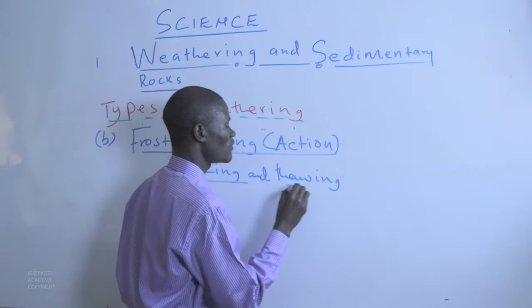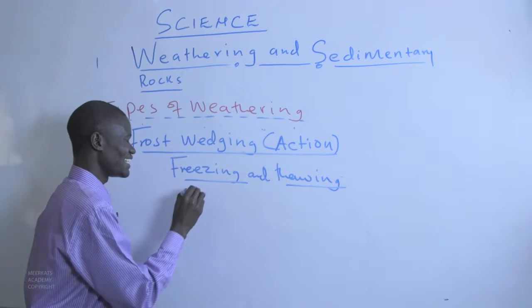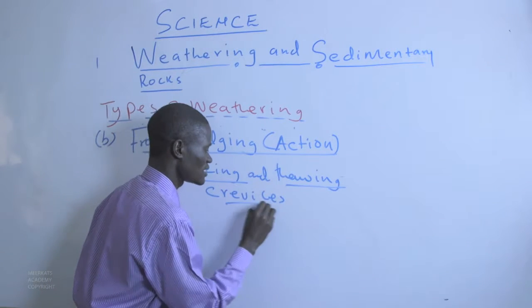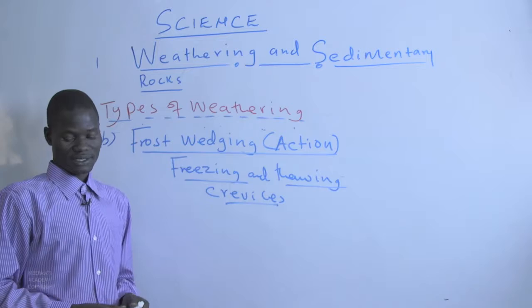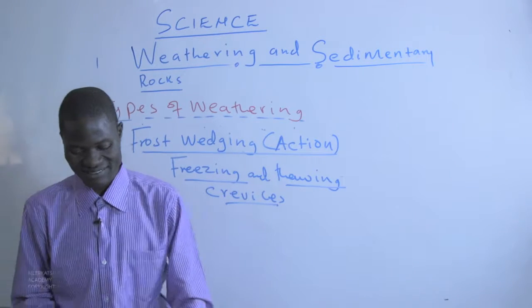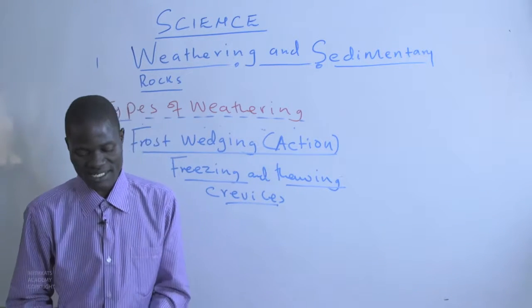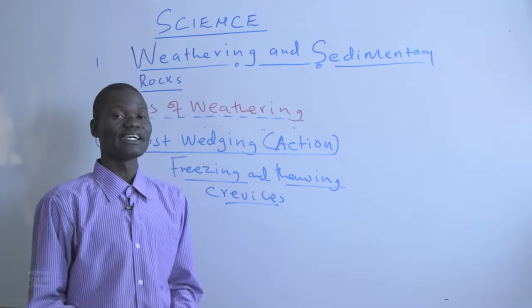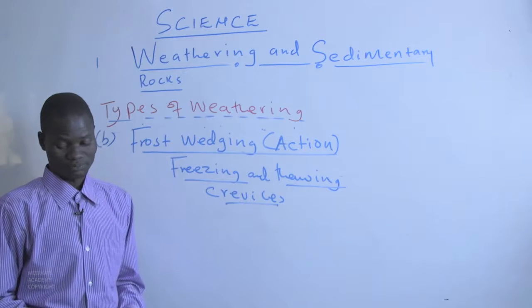This action of freezing and thawing in the rock crevices is the one that is going to make these rocks disintegrate into various angular blocks of rocks, especially in mountainous regions.